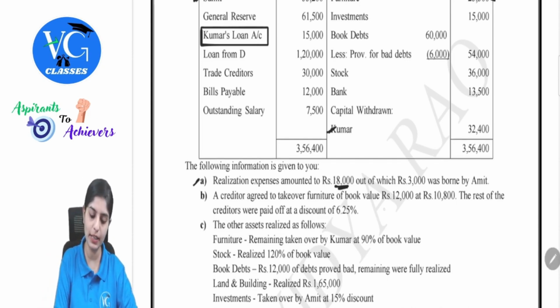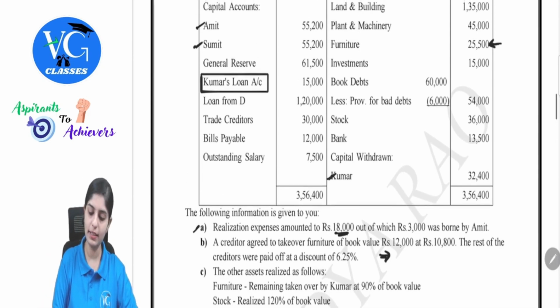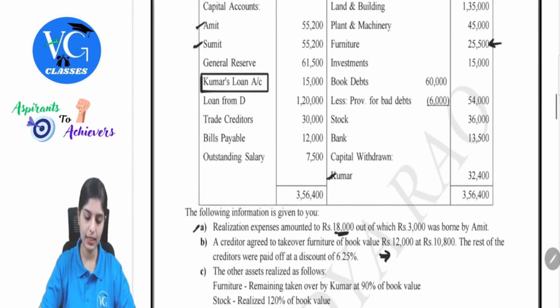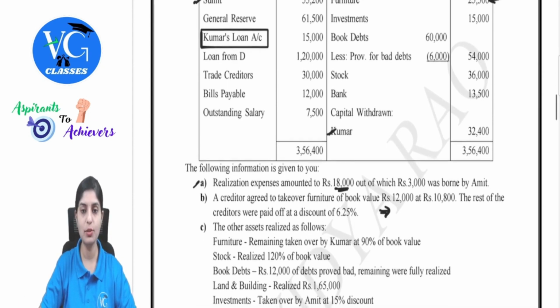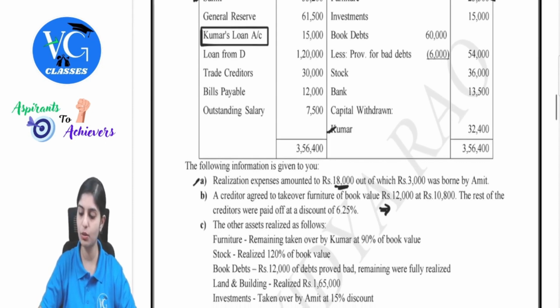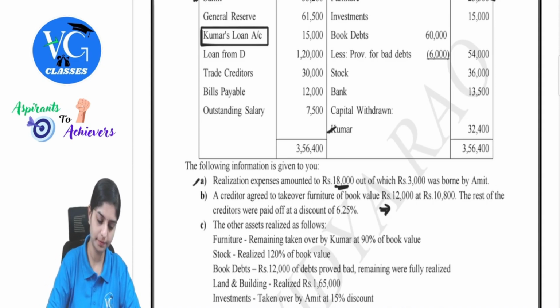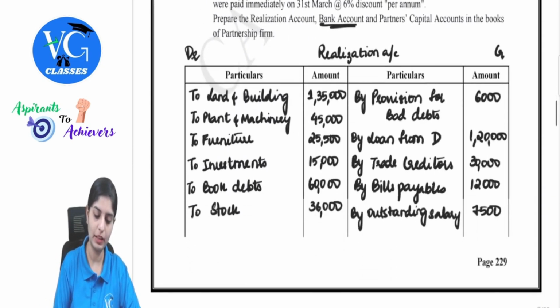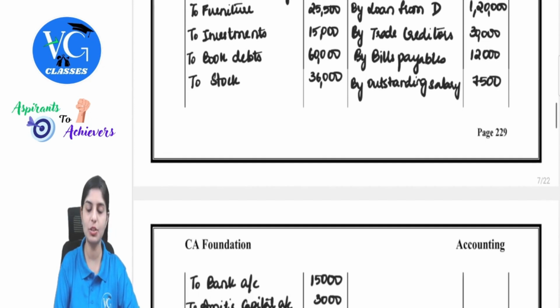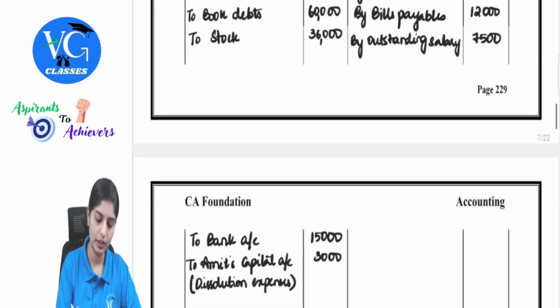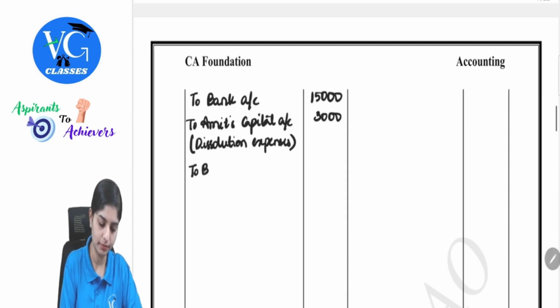Now, how much is the rest of the creditors? Total creditors present was 30,000. In this, furniture worth 12,000 was taken at 10,800. So the balance creditors are 19,200. These creditors were paid off at a discount of 6.25%. So that means minus 6.25%. So they will be settled at 18,000. So how will this be reflected? Realization account debit to bank account.